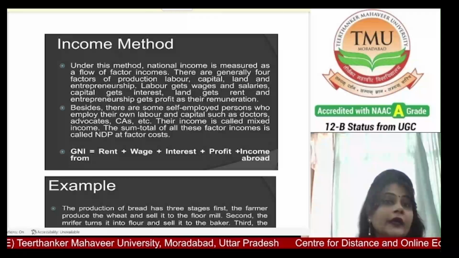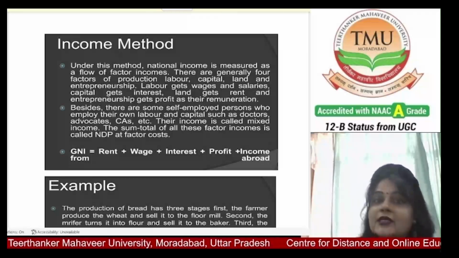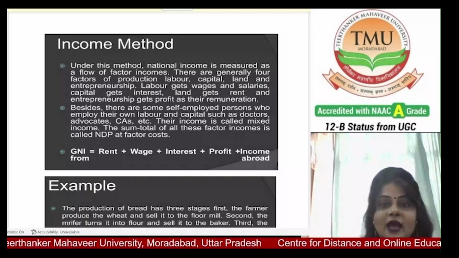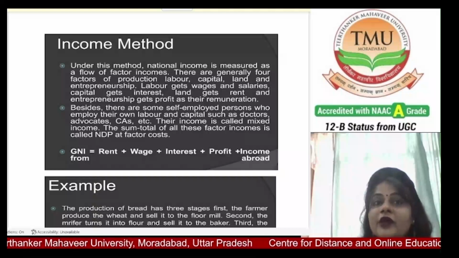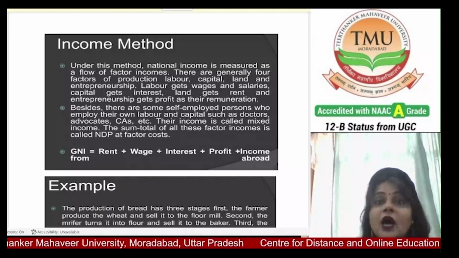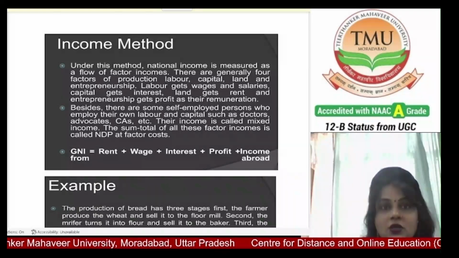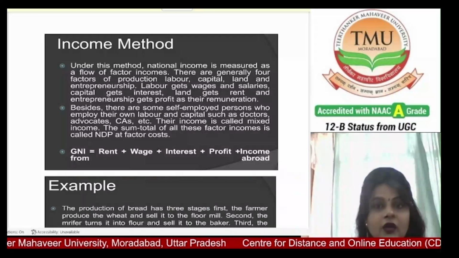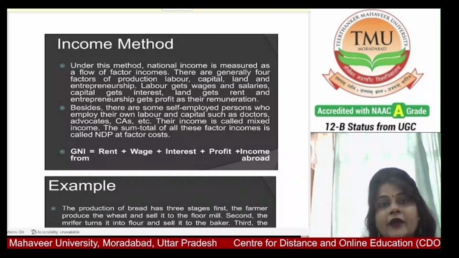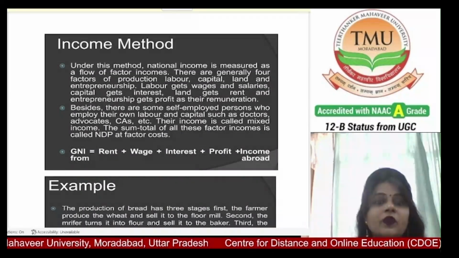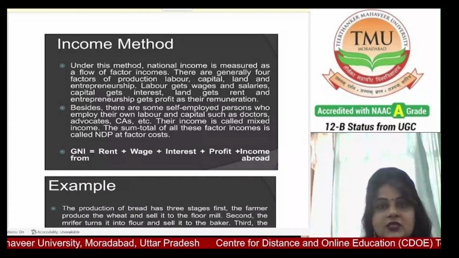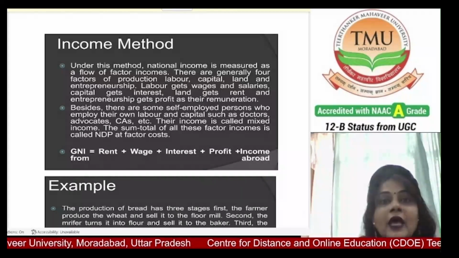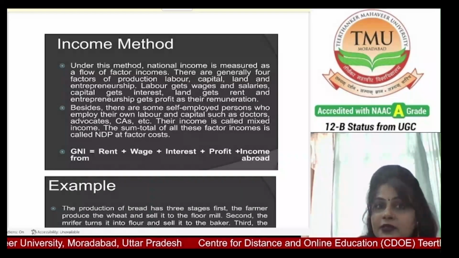Under this income method, national income is measured as a flow of factor incomes. There are generally four factors of production: labor, capital, land, and entrepreneur. Labor gets wages and salaries. Capital gets interest.